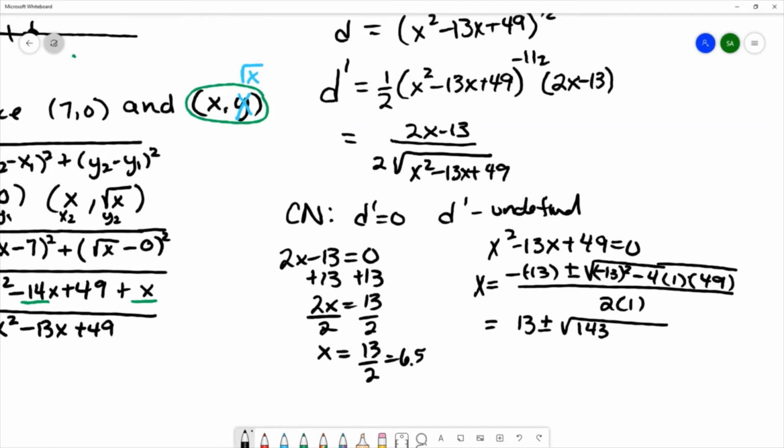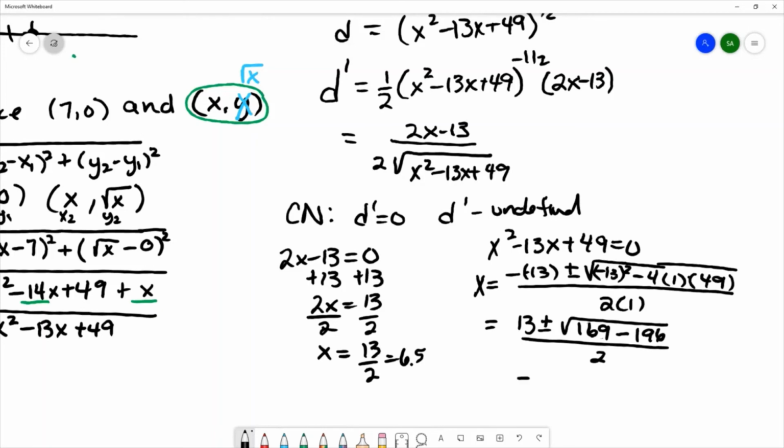13 squared, 13 times 13, is 169. Minus 4 times 49, that's 196.